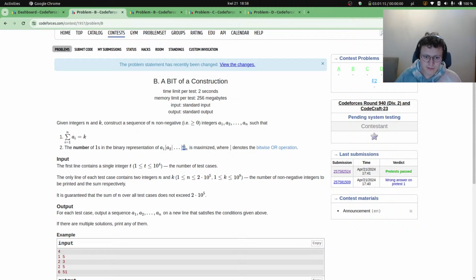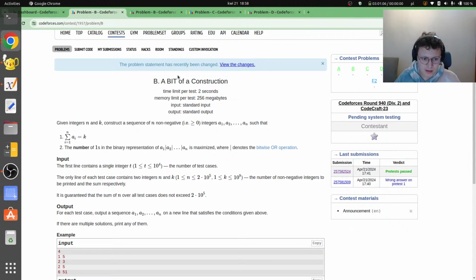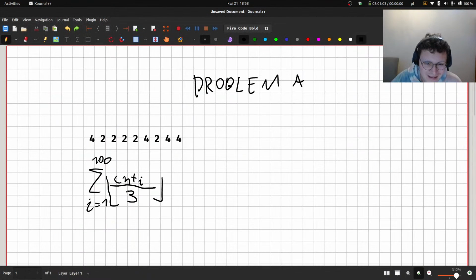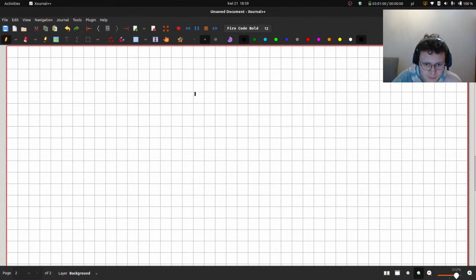So basically, we have 1 on some position of the OR if there is at least one number with that bit set.